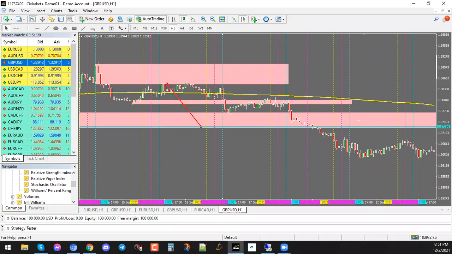If I get stopped out, then I'm going to look for another setup. And in most cases, that setup may not come the same day. It may come the next day, okay? So as a day trader, you're looking at maybe one or two setups in a day on one pair.